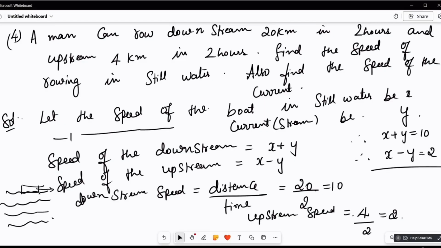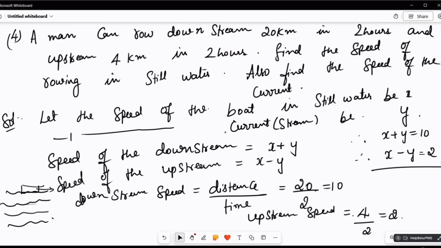Again I repeat, when the water is moving, if the boat and the water are traveling in the same direction, then we call it downstream. Then the actual speed of the boat will be the speed of the boat in still water plus the speed of the water. That means, think water is still, so boat will go at some speed.